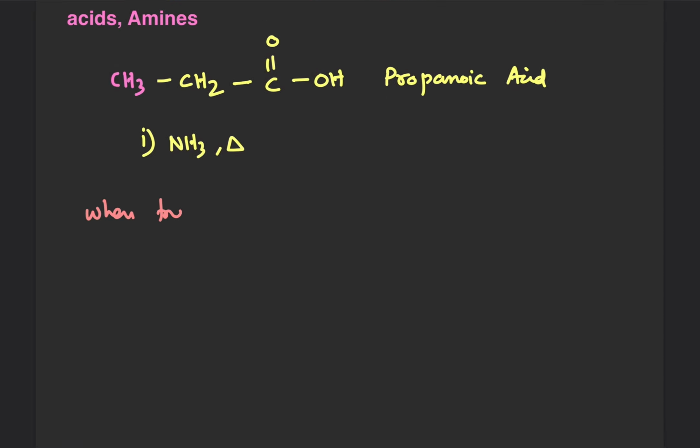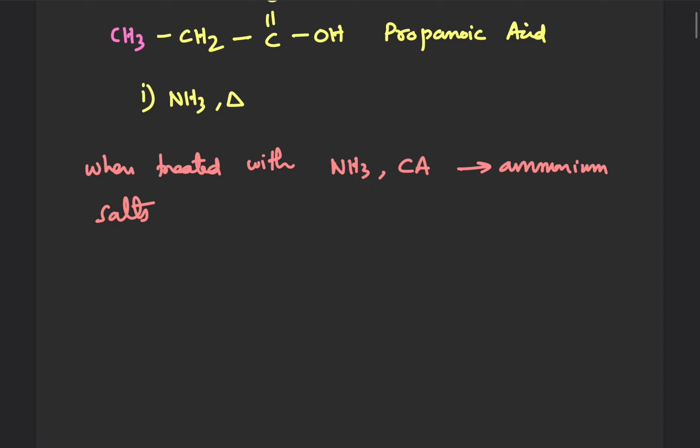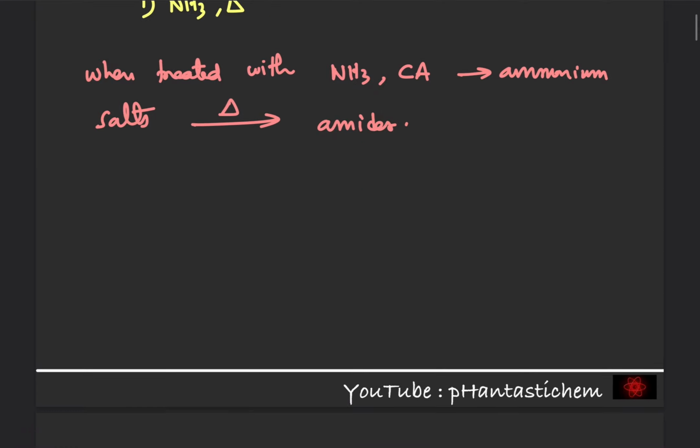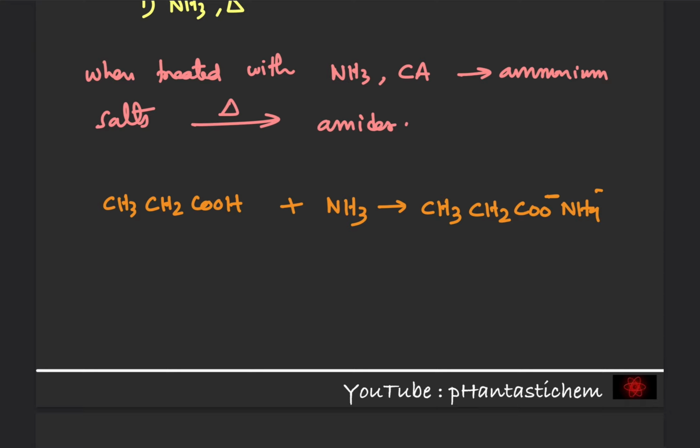When treated with NH3, carboxylic acids form ammonium salts, which upon heating lose a molecule of water to form amides. With respect to the reaction, I can write CH3CH2COOH plus NH3. So I will get CH3CH2COO minus and NH4 plus.